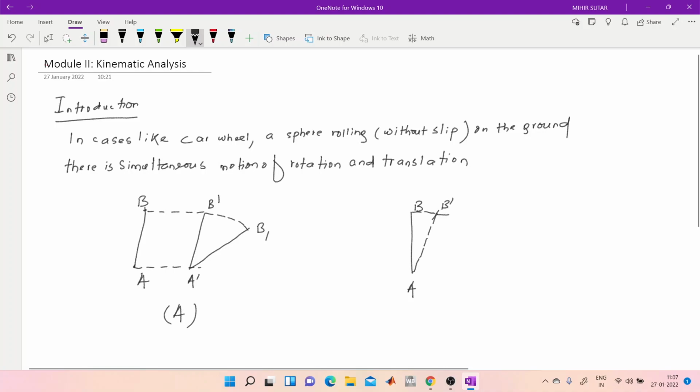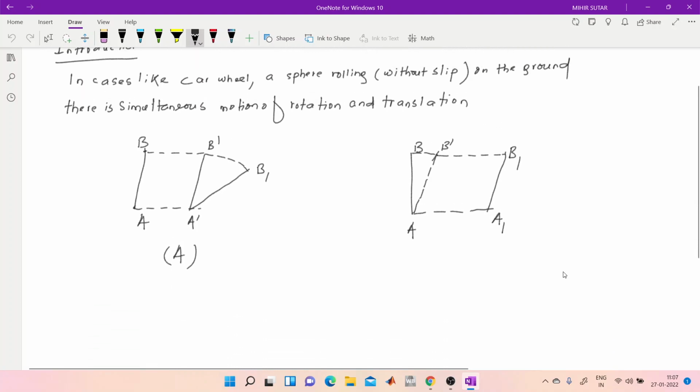Then we'll give a translation motion, so it will come here. The final position is A1, B1. So when there is simultaneous rotation and translation, it may be configured either in way A or in way B. First there may be translation, then rotation, or there may be rotation, then afterward translation.